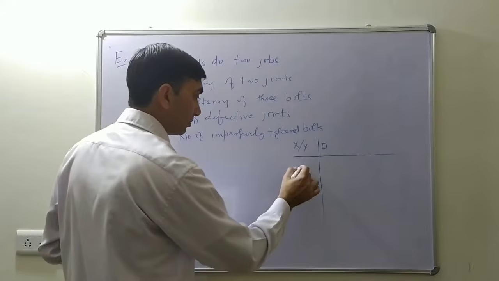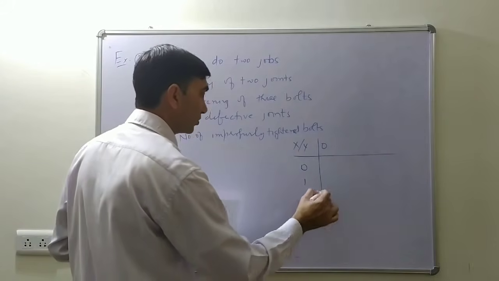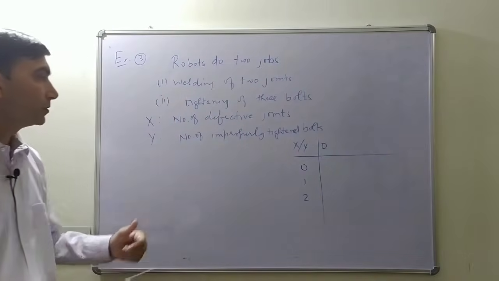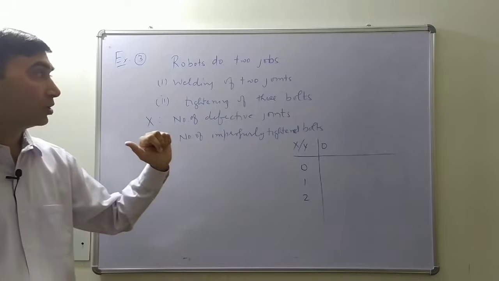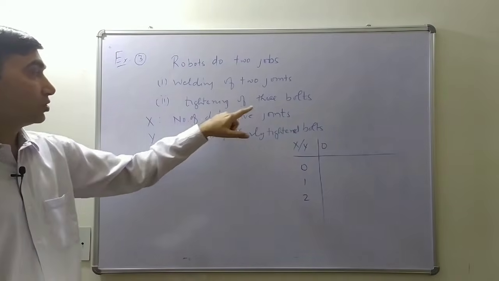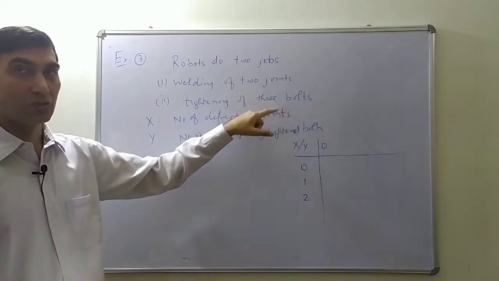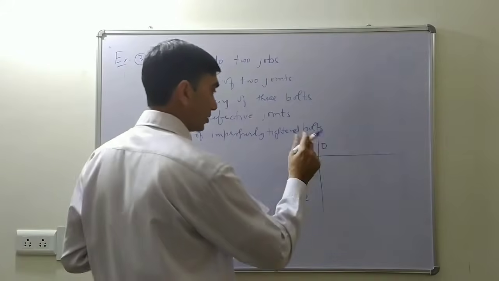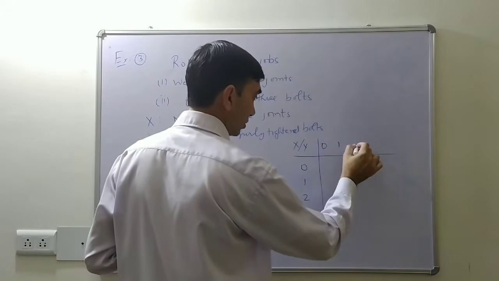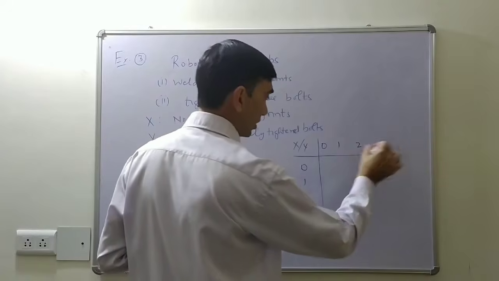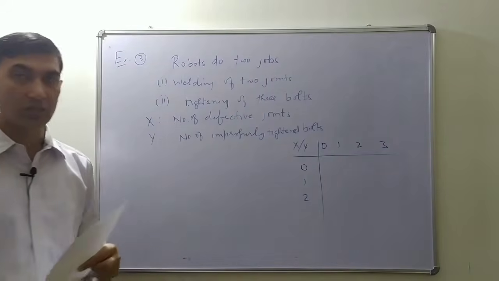So X can take the value 0, 1, 2. What values Y can take? Y denotes the number of improperly tightened bolts. And how many bolts are tightened? 3 bolts. So it is possible that there is 0 improperly tightened bolt, 1, 2 and 3. So Y can take 4 values in this case.